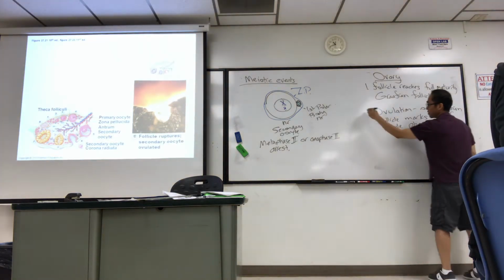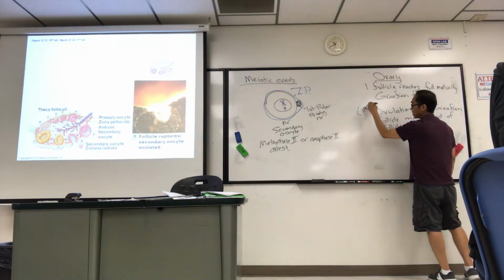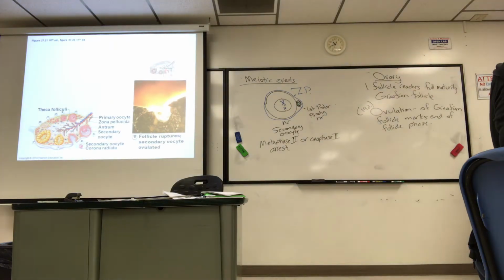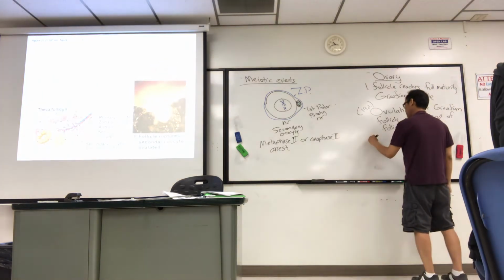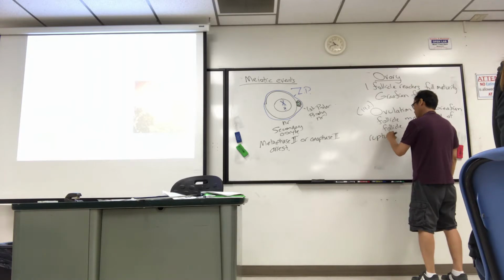Remember, I'll put day 14 in parentheses if you've forgotten that. Because there are things that happen now. This Graafian follicle, just the one, it ruptures, it bleeds, and they call it a different thing when it bleeds. The Graafian follicle is ruptured.